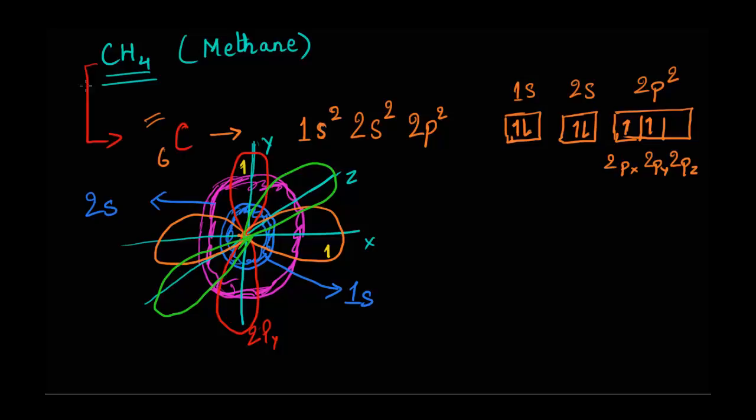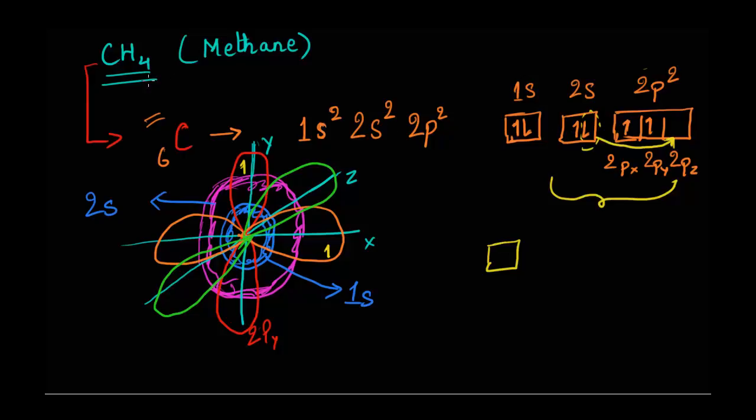Now carbon has to bond with 4 hydrogens in methane. For bonding to happen, this particular 2s electron will get excited and go into the 2p orbital.